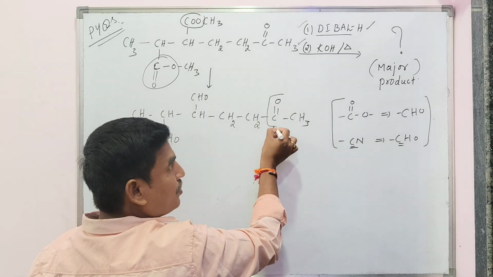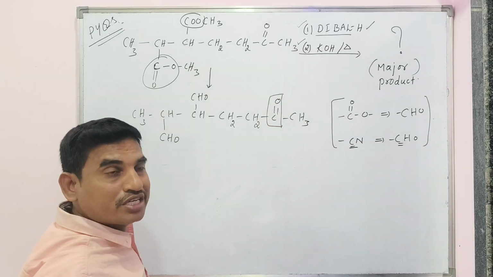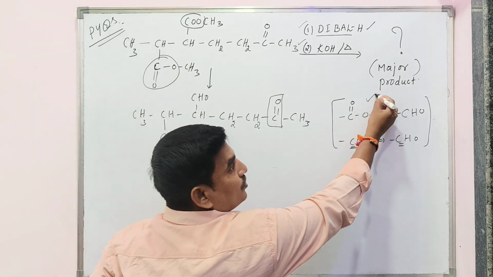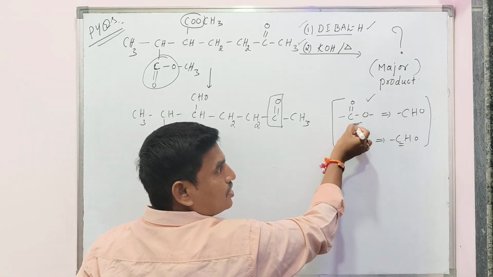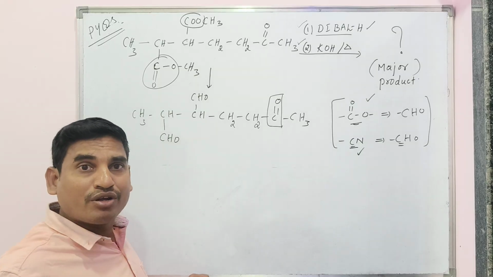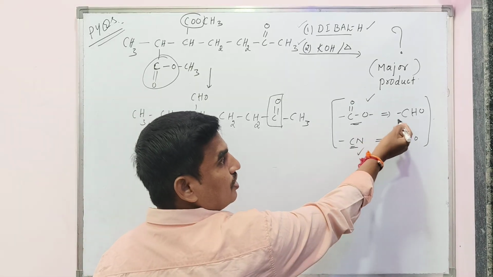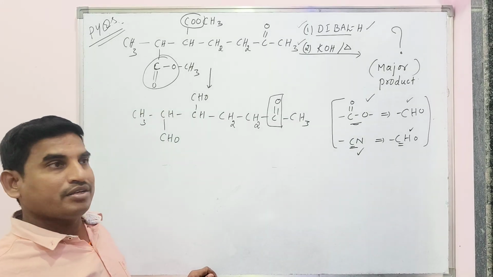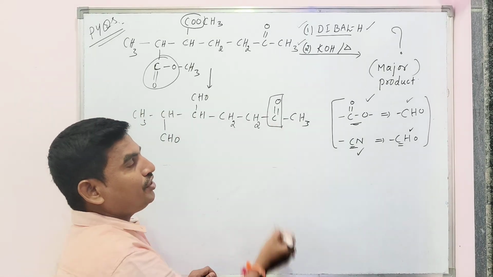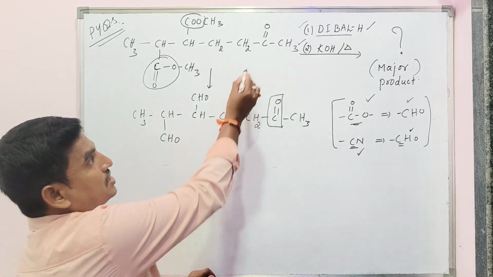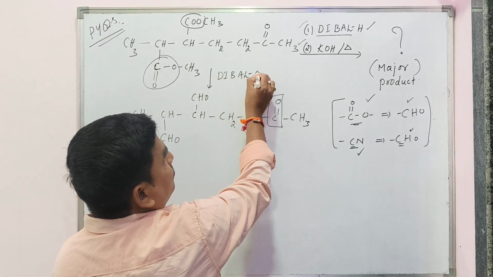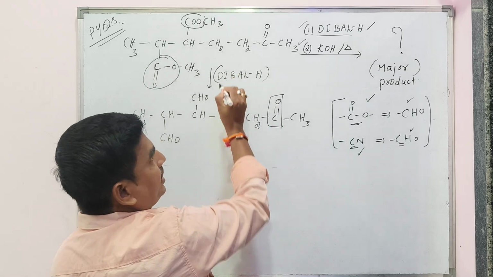Here the keto functional group is not disturbed. That's why diisobutyl aluminum hydride is a selective reducing agent: ester and cyanide groups are converted into aldehydes without disturbing the keto group.